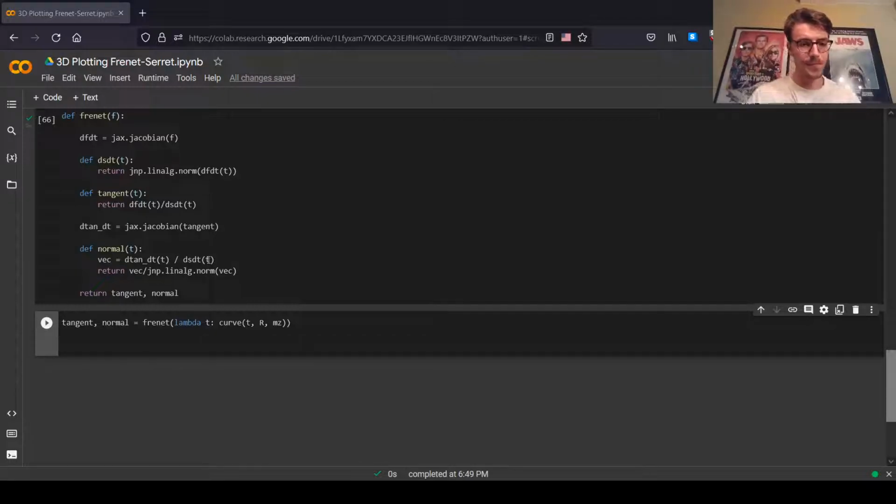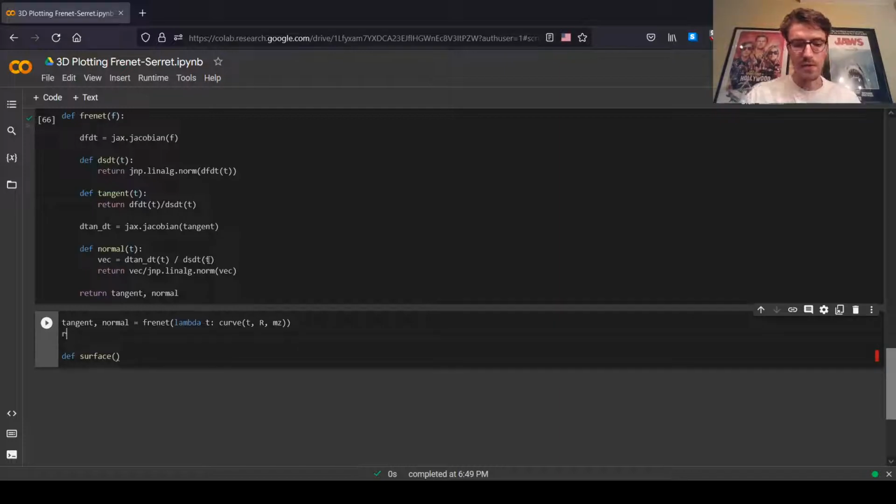So let's define our new function. Let's call it surface. Now, in order to do this, we need to find a point that's a given radius. So we also are going to want to define that.